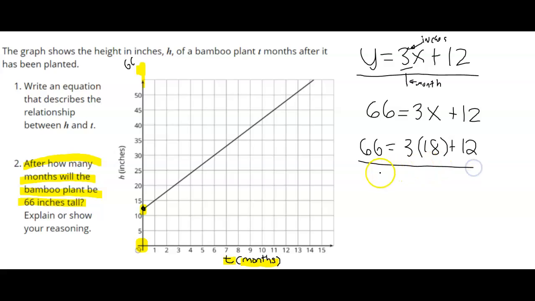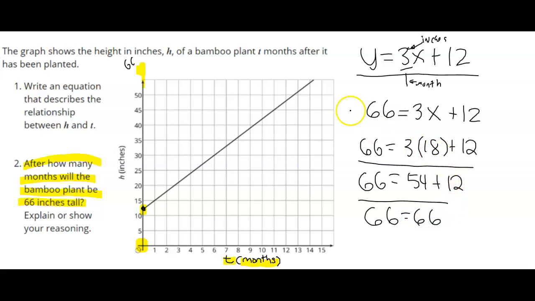So let's see here. 3 sets of 18, that was 54. So we started off at 12 inches, and it grew 54 inches in the 18 months. Yep, it would take 18 months for that plant to grow to 66 inches.